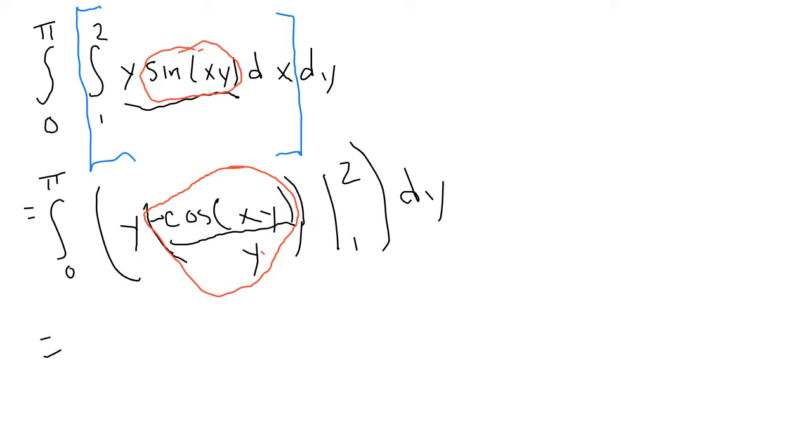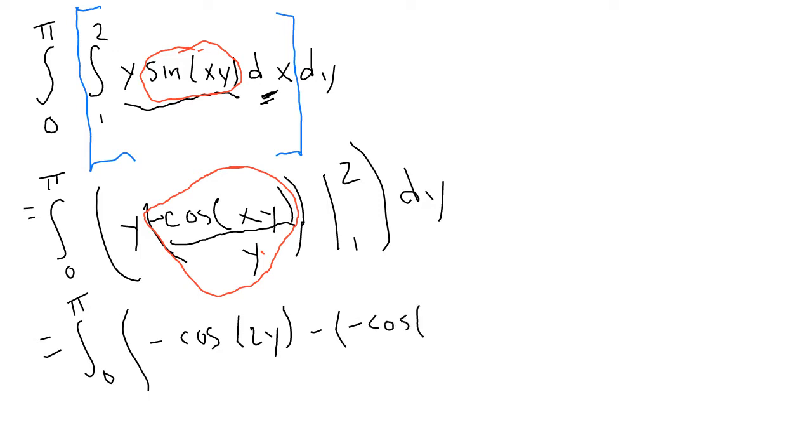Okay, and if we continue here now, the y's cancel, and we're left with negative cosine of 2y, because we're substituting 2 in for x. Remember, the first integral is with respect to x. We're holding the y constant. And then that's minus a negative cosine of 1y.